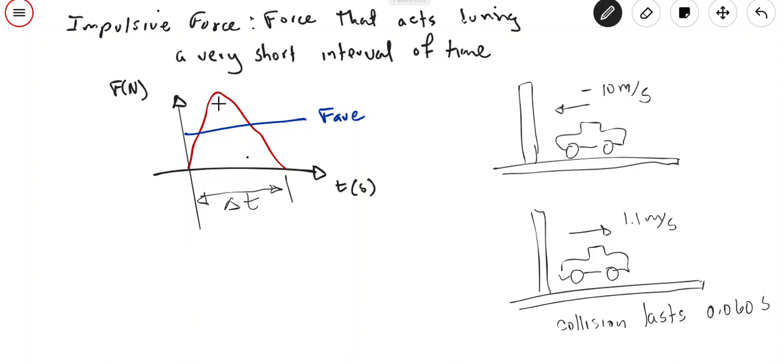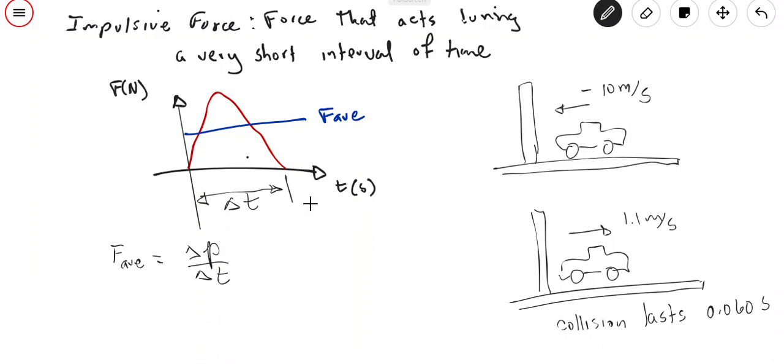So in problems involving impulsive force, we're going to use one force that we call the average force. How do we find this average force? We're going to say that this average force would be equal to the variation in linear momentum, delta P, divided by delta T, the interval of time.